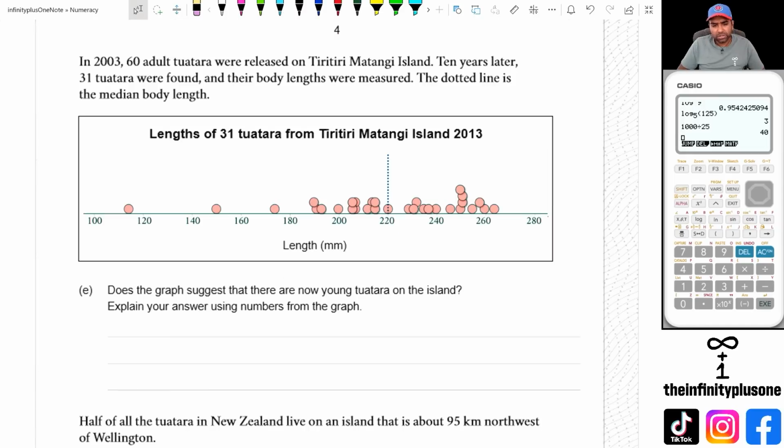With this question, the question's asking, does the graph suggest that there are now young tuatara on the island? Now the median is 220. What we do have is quite a solid little cluster here, and these were 60 adult tuatara released in 2003. So this is after 10 years. We've got about 31 tuatara left over, but then there's a large group of them between 190 and roughly 260.